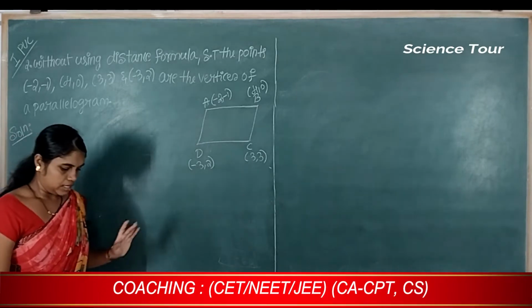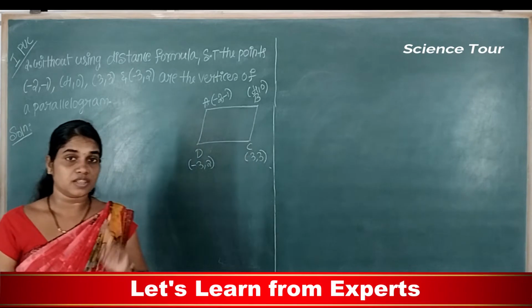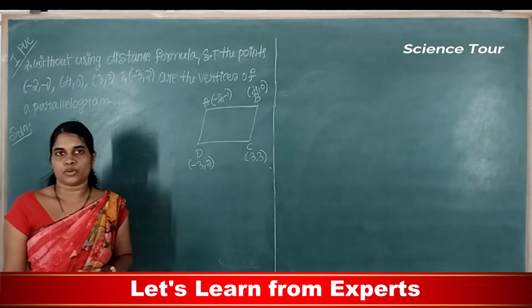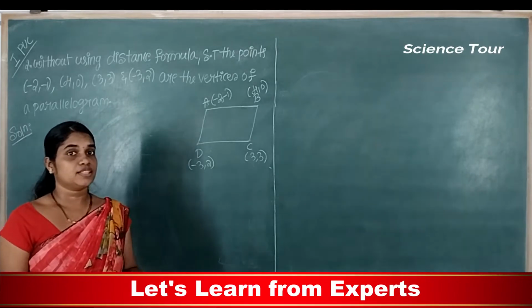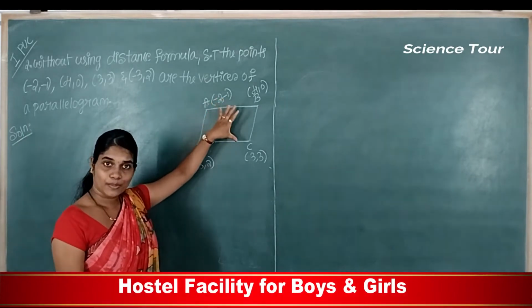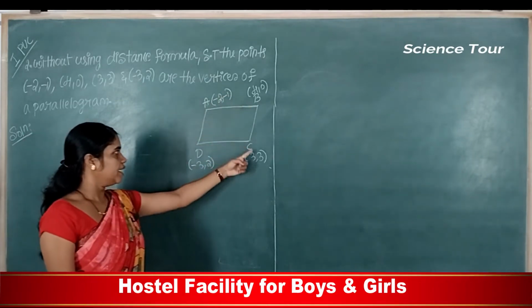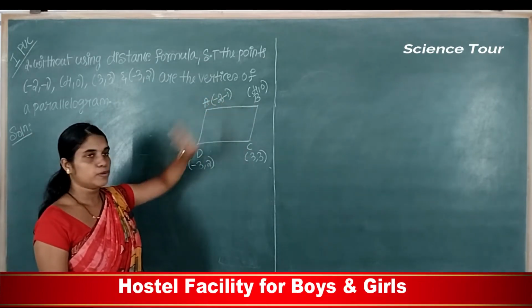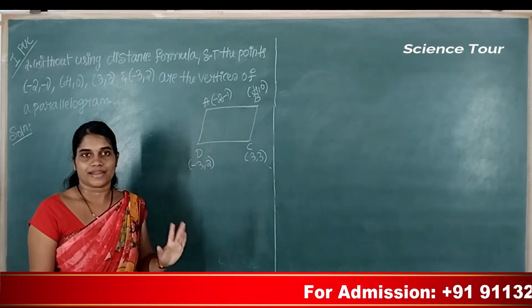Before solving this question, first of all you must know the property of the parallelogram. Parallelogram means we suddenly remember the opposite sides of a parallelogram are equal as well as parallel, isn't it? So here AB and CD are one pair of opposite sides, parallel as well as equal.